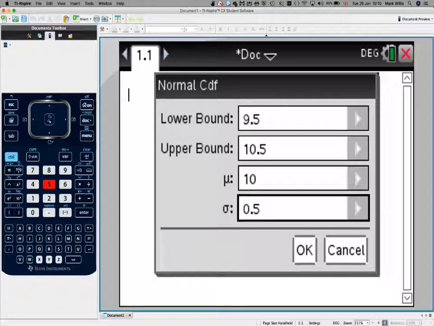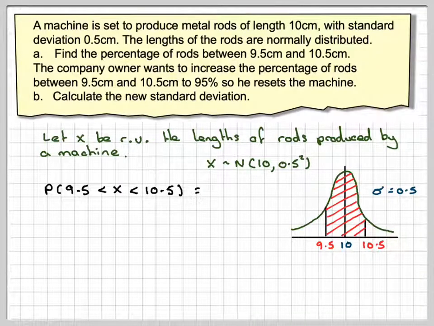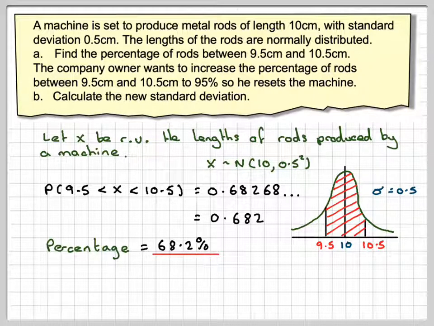Then we press that, and we get an answer of 0.68268. We want that as a percentage, so round that off to three significant figures at 0.682, and as a percentage that will be 68.2%.